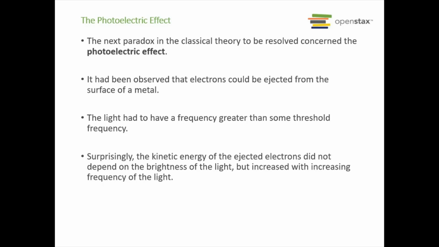But one thing that was noticed was that the energy of the electrons didn't care about how bright the light was, but it did care, it increased with increasing frequency of light. So brightness, whatever, we don't care, but the actual frequency of the light is what actually mattered.